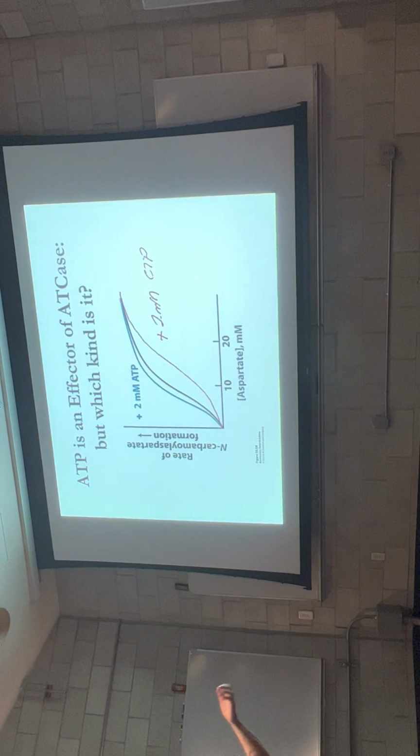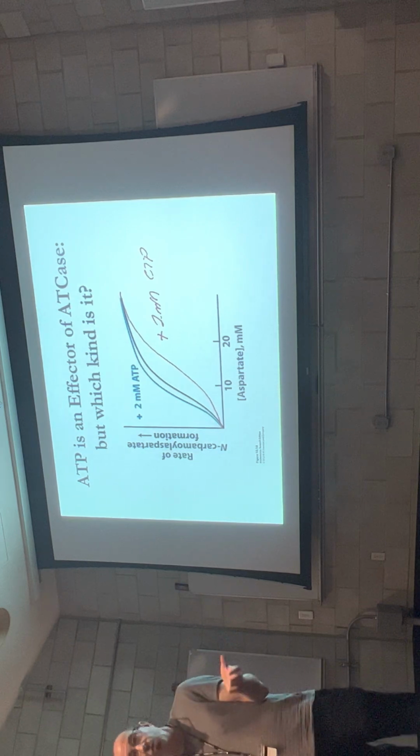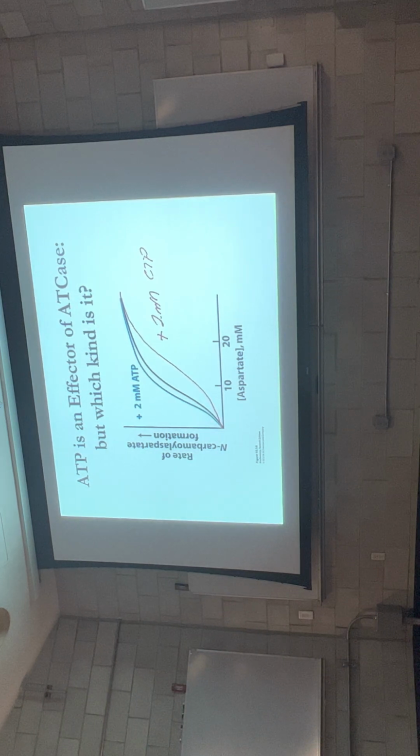That's really amazing to me because CTP and ATP are really similar. What's the difference between CTP and ATP? The base. Cytidine has one ring. Adenine has two rings.